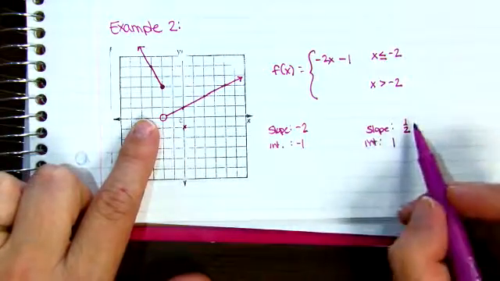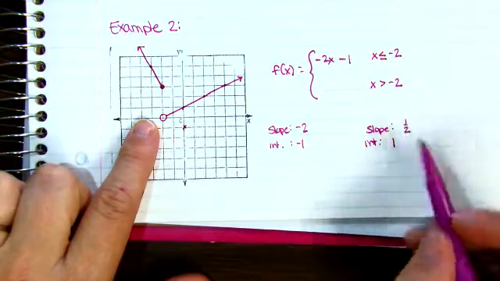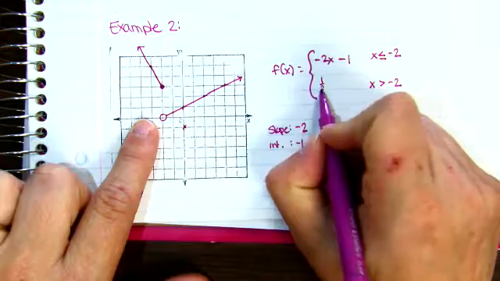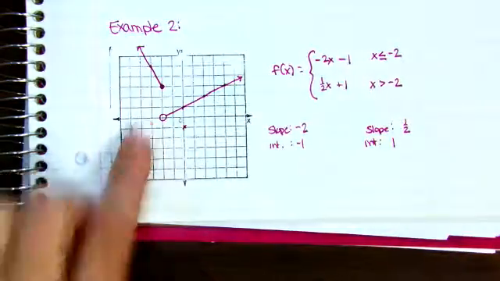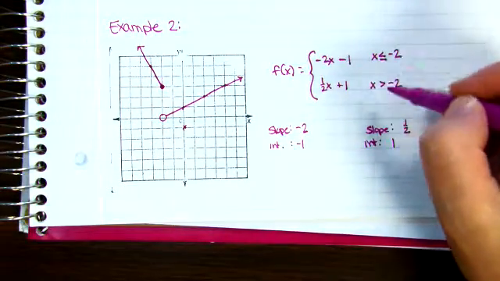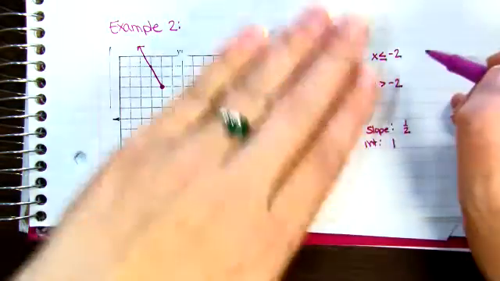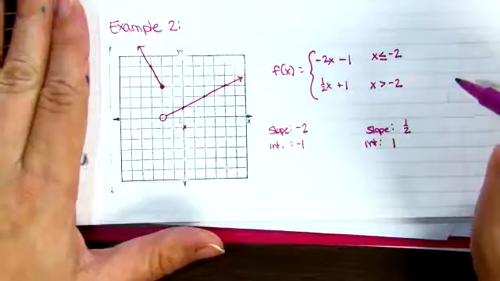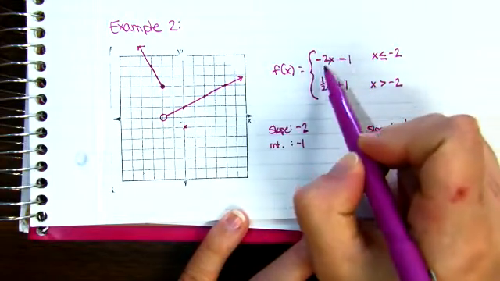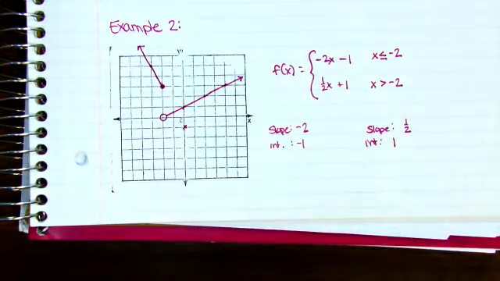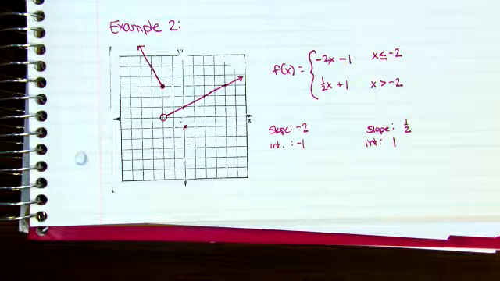So this equation is really easy to come up with, 1/2 x plus 1. So remember, my first step was to look at where my graph changes from one piece to another, and then I just looked at the equations for those individual pieces and I put them together. This bracket shows that both pieces are going to apply to my situation.